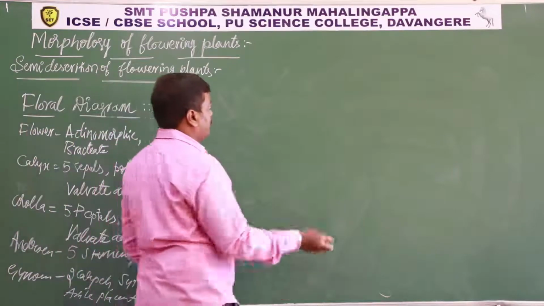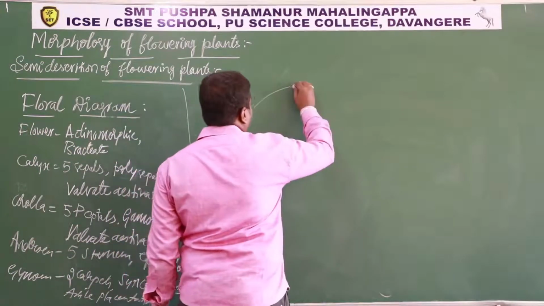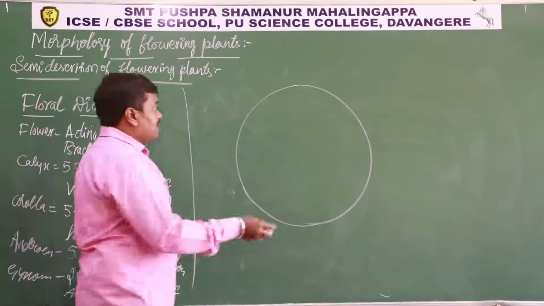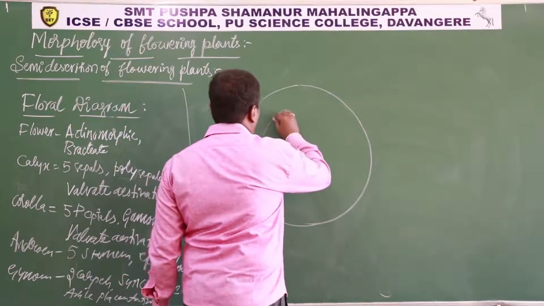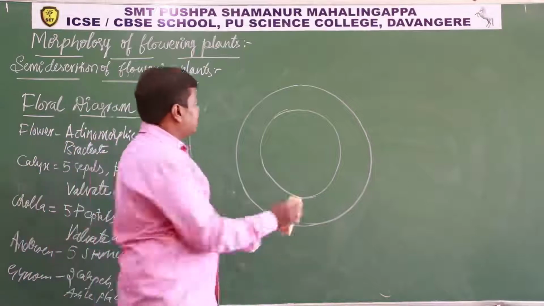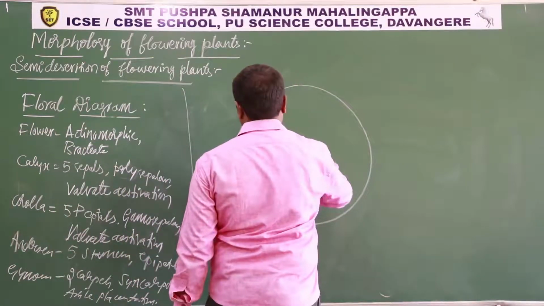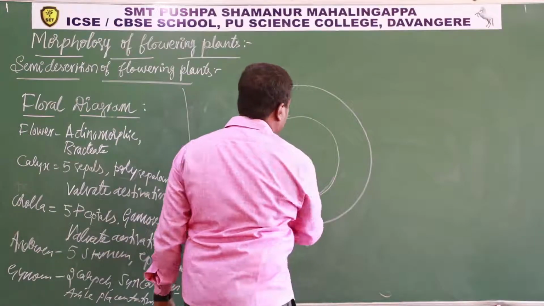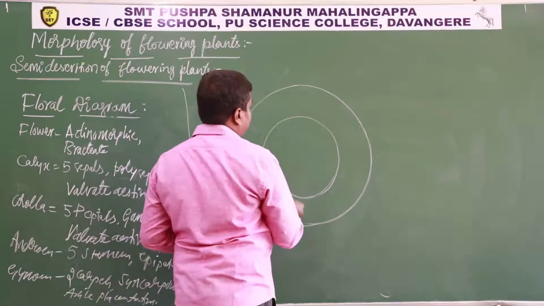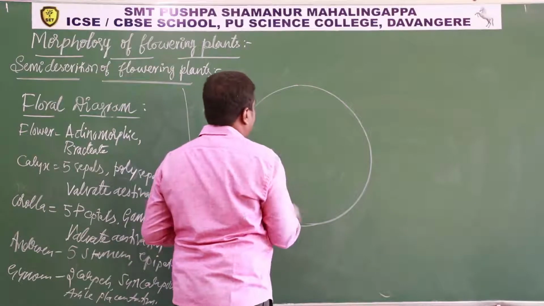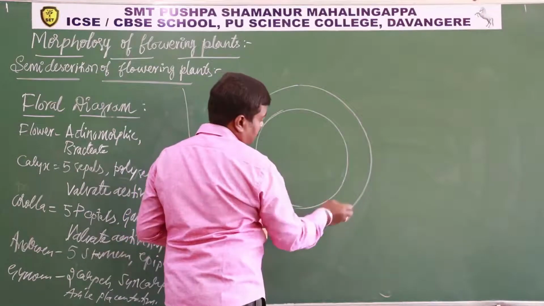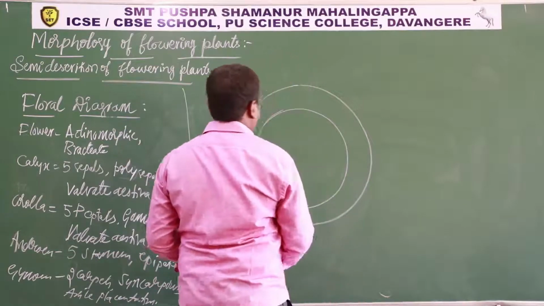Suppose this is the outermost whorl. Let me draw a circle, so it indicates the outermost whorl. Next, inside this, the second whorl, which is the petals. The outermost is the calyx, this is the corolla. Let me make it a little smaller.